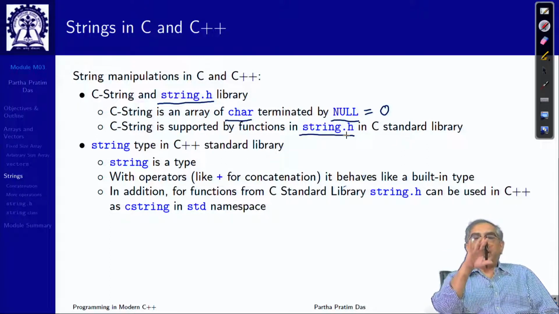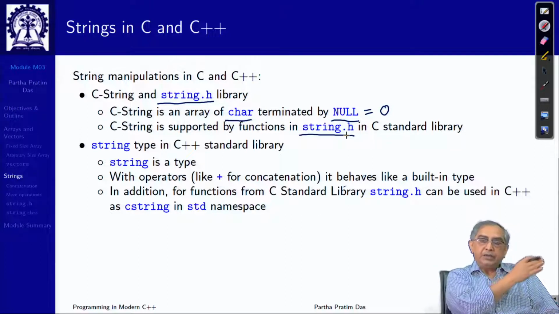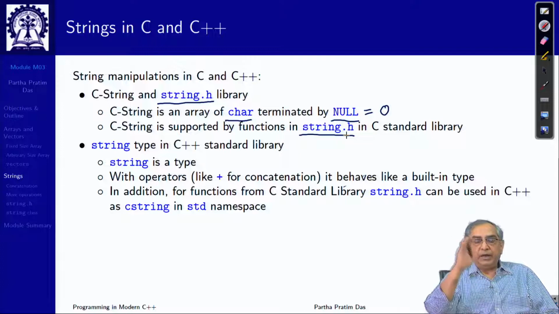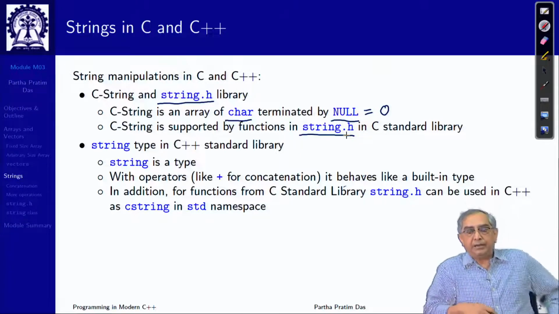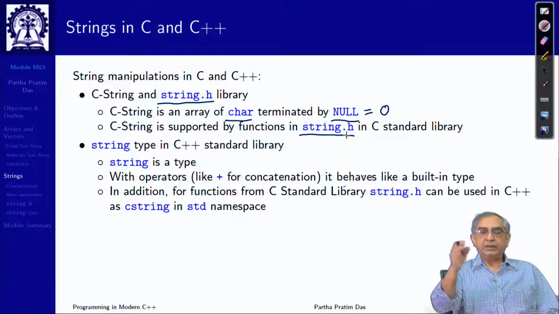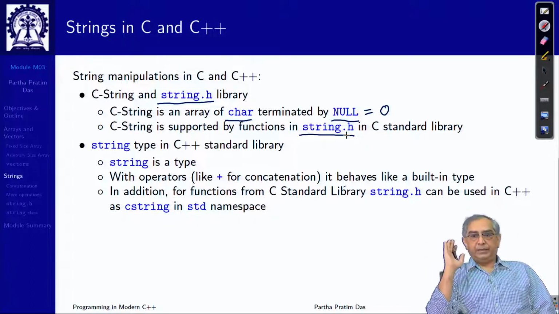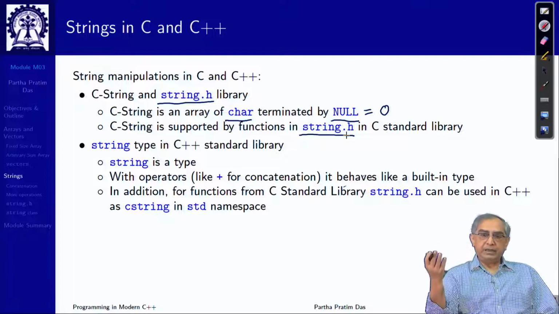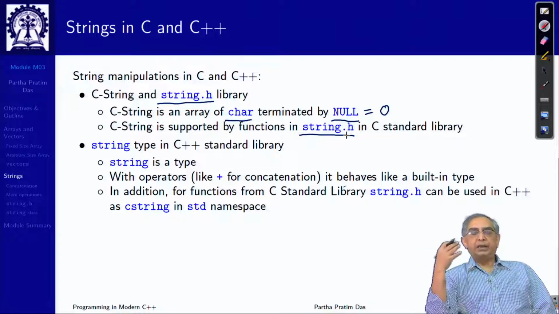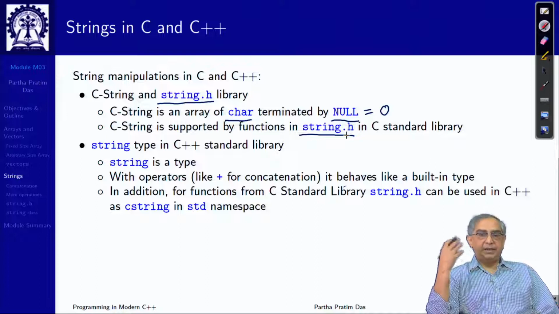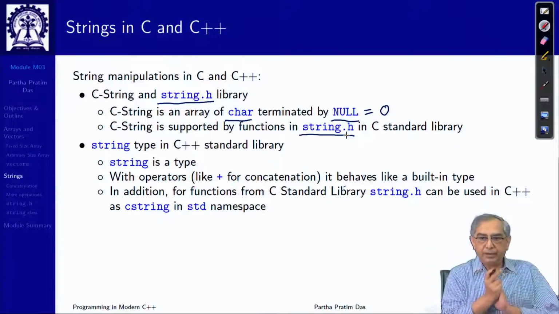So, we often do strlen to find out the length. What it does is start from the index 0 of this array, keep going till it finds the null character, and as many characters as are crossed over is returned as the value of the length. Similar things are done in strcpy, strcat, strdup, and so on and so forth.